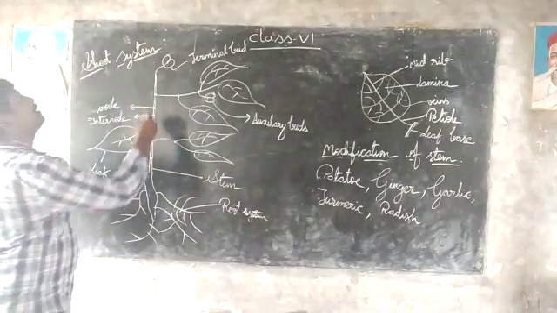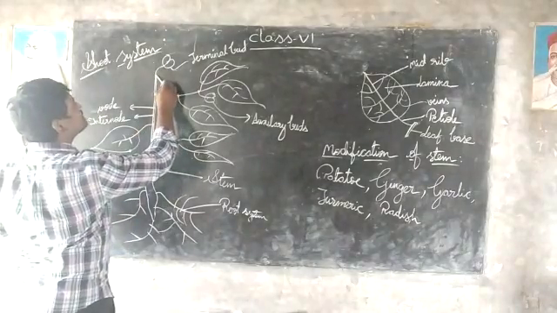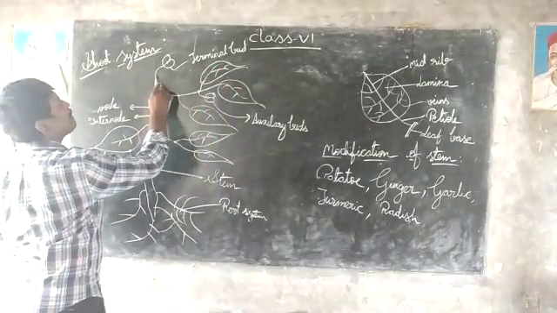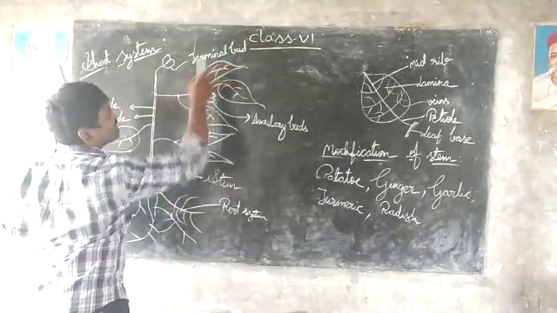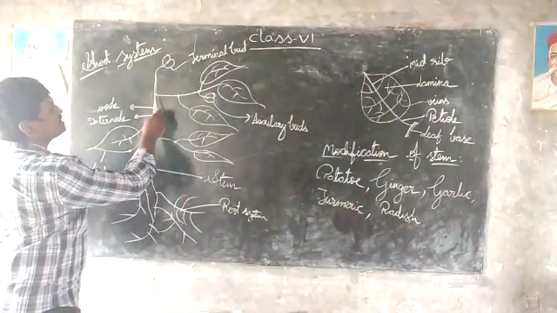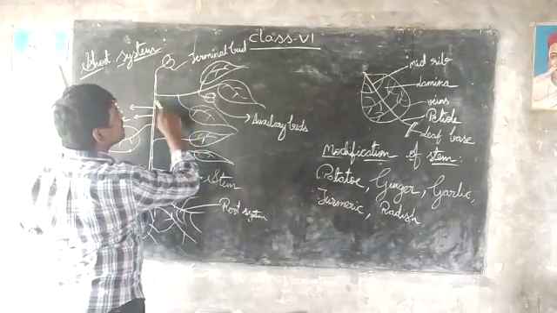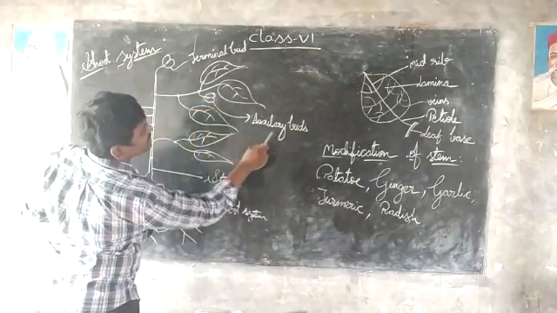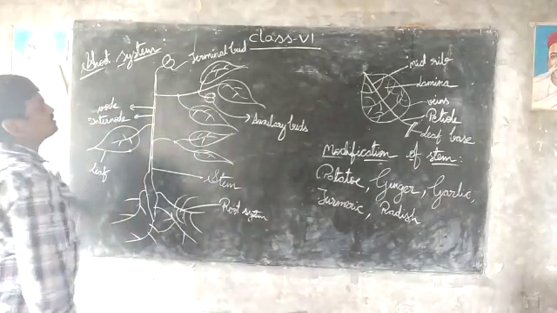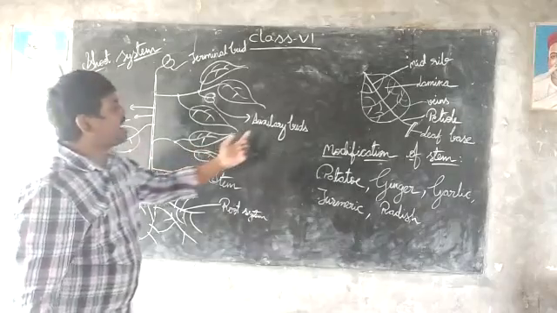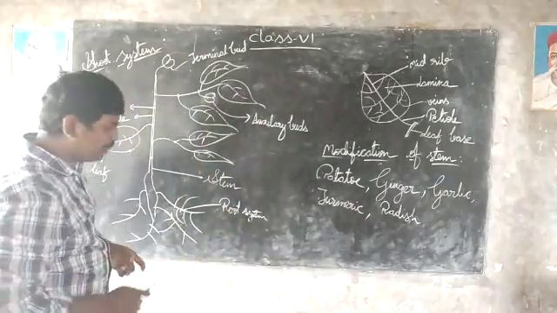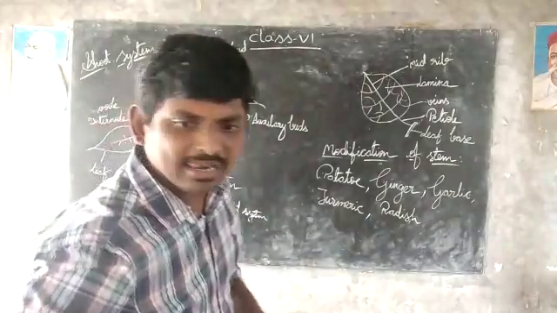The bud at the tip of the stem is called the terminal bud, and the bud which arises in the axils of the stem is known as the axillary bud. And these are leaves. You know it, right? Those are leaves.